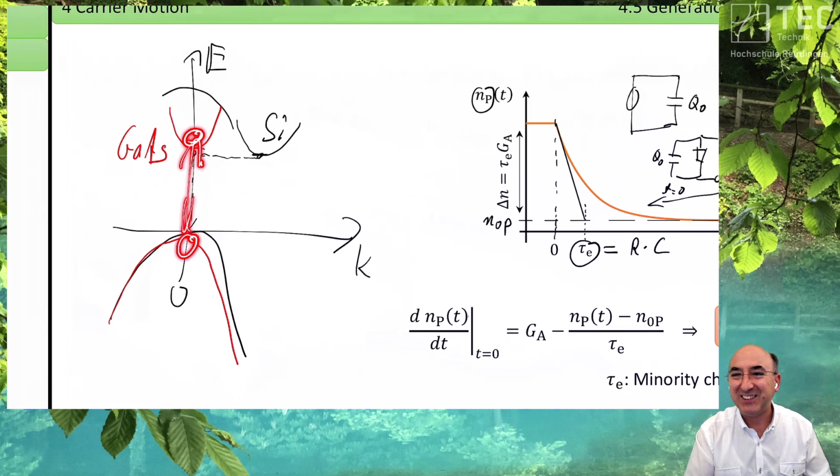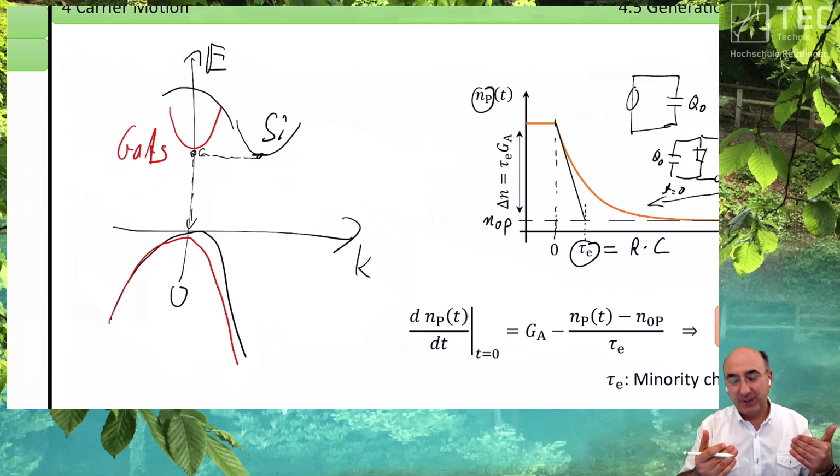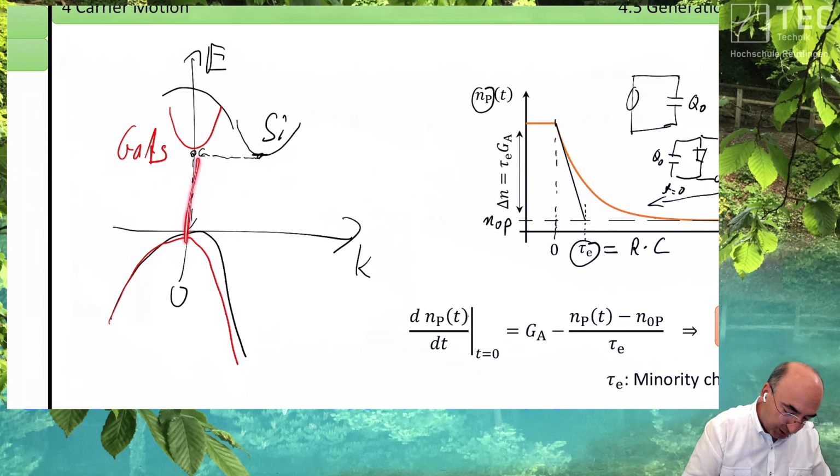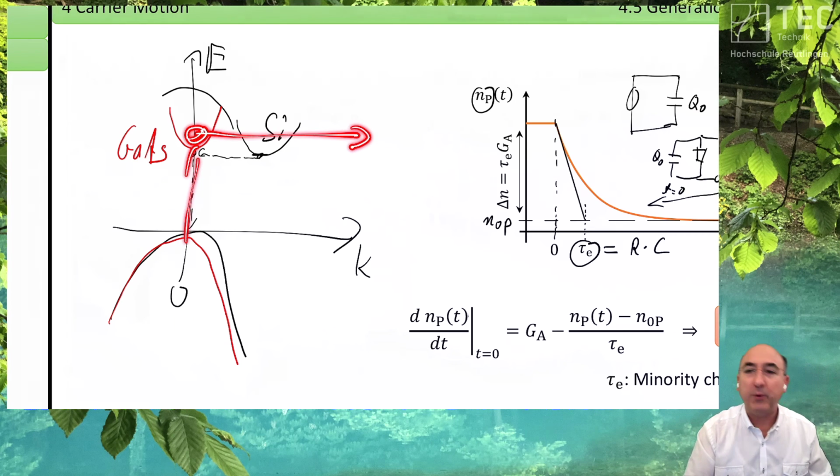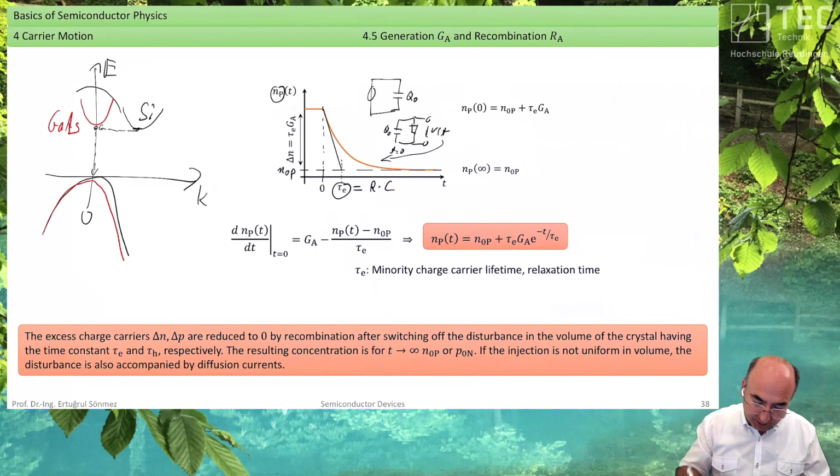And that's it. So generation, recombination, except you generate and pull it away. So this way of thinking using the minority charge carrier concentration is very important for understanding semiconductor behavior. But we don't have to go as deep as now. It just was an occasion for me to drop a question. That's all.